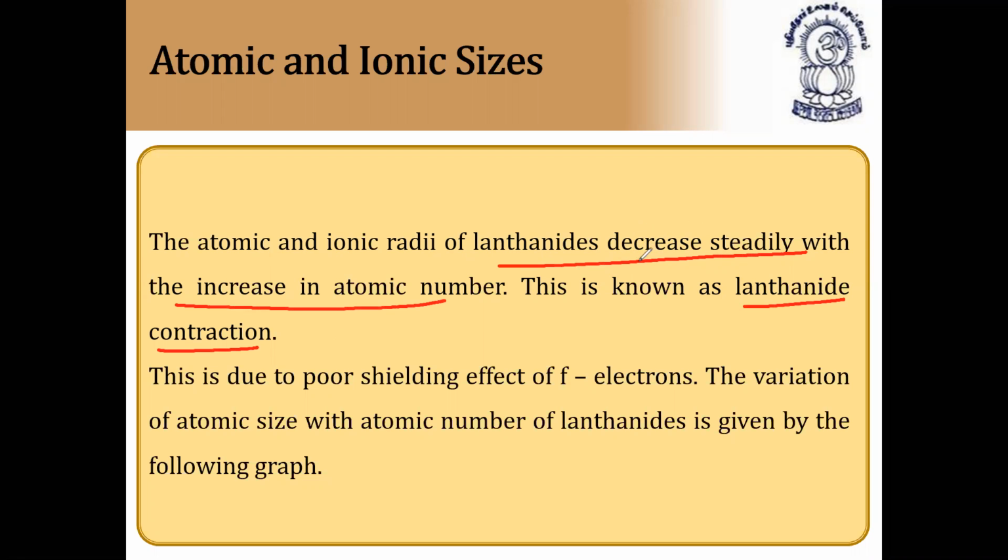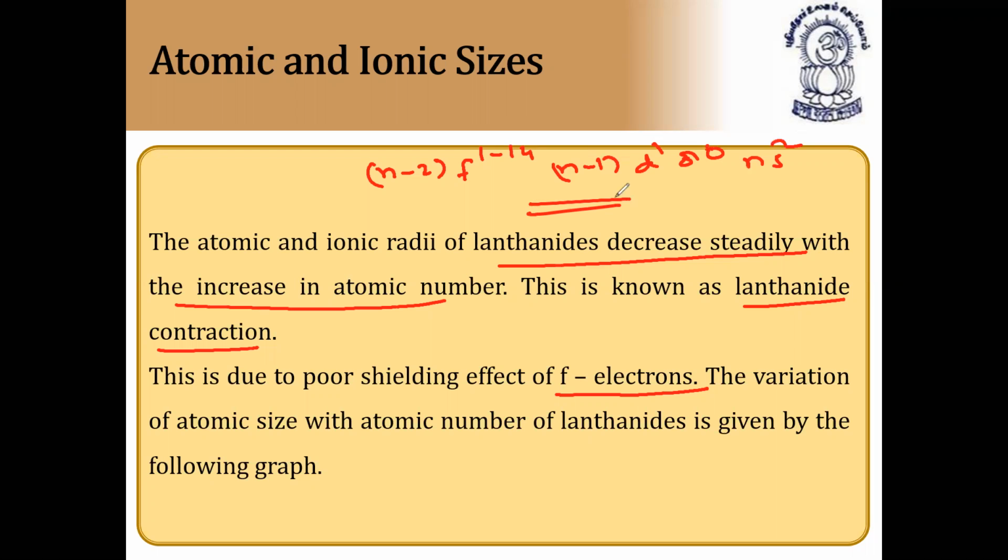Due to the poor shielding effect of f electrons, what happens? What are the outer electrons it has? It has n minus 2 f1 to 14, n minus 1 d0 or 1, and ns2.